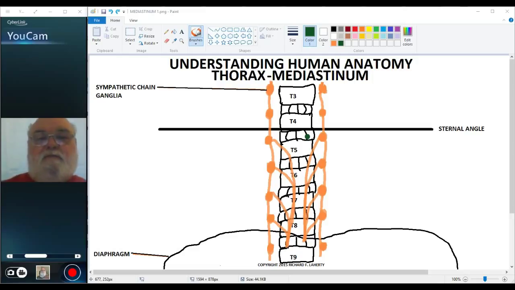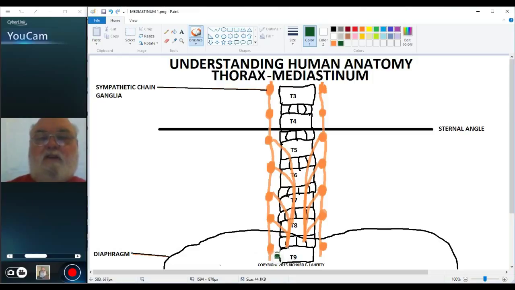Now, remember that the diaphragm is a dome, and the areas below the line here that I'm drawing on the posterior wall are behind the diaphragm. The diaphragm's domed posteriorly as well. But we'll start here.